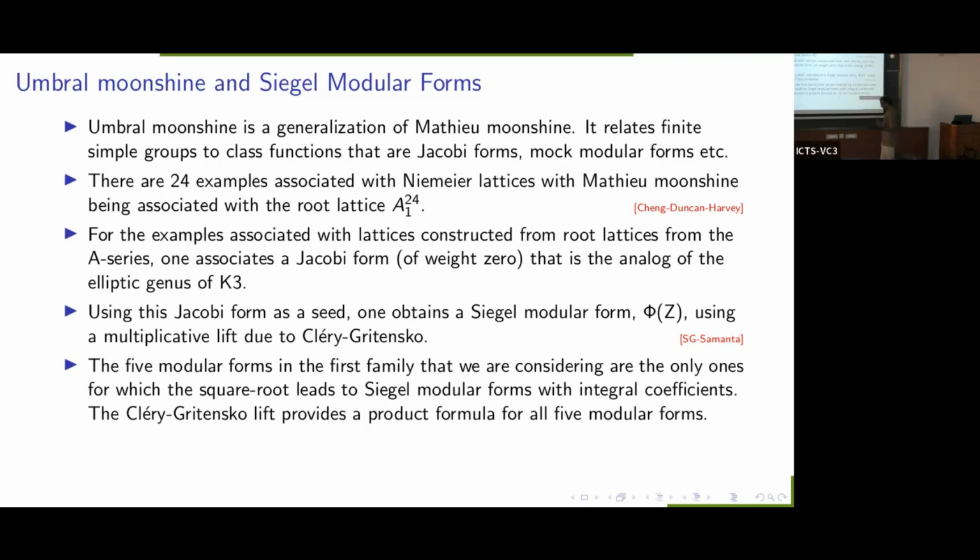And so Harvey, Cheng, Duncan, and Harvey wanted to extend this. They looked at a finite list of mock modular forms of a particular type and asked, can we write something analogous to that? And they got a whole bunch of groups. For instance, the first next one was M12.2.